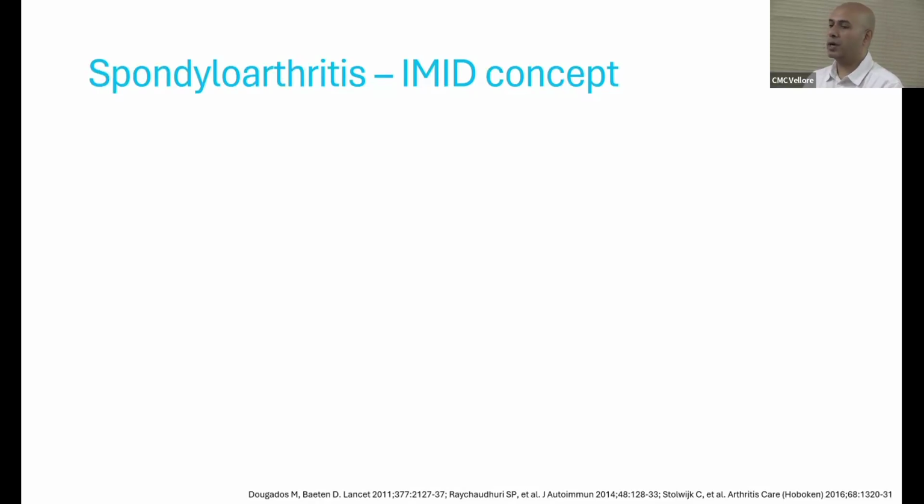As and when we understood them better, we came to know that there are a few pathways certainly driven by a few cytokines and cells in the immune system. That's why we have this whole concept of IMID, which includes all the spondyloarthritis, along with uveitis, IBD, and a bit of depression.